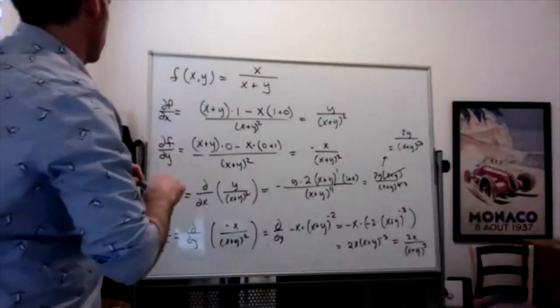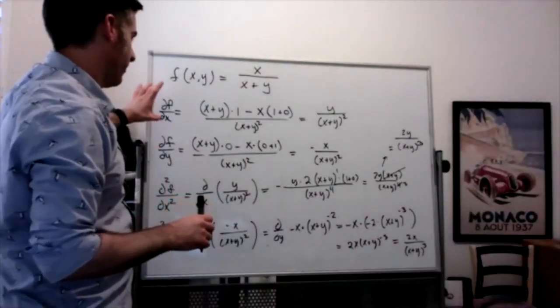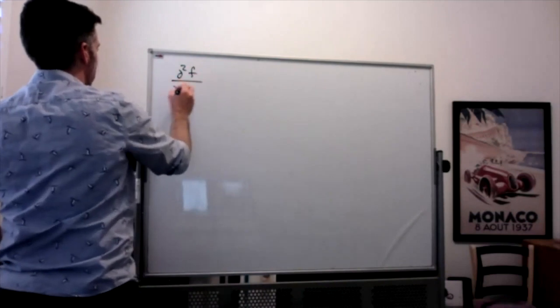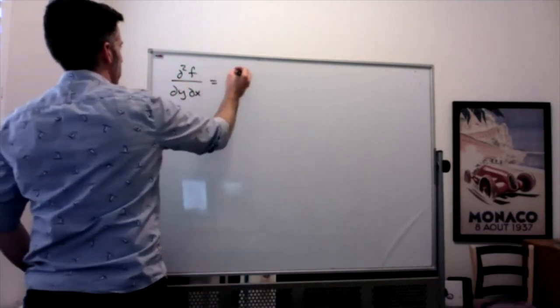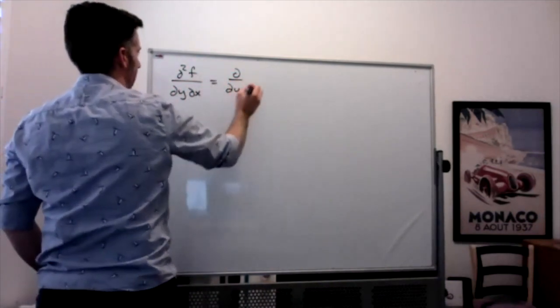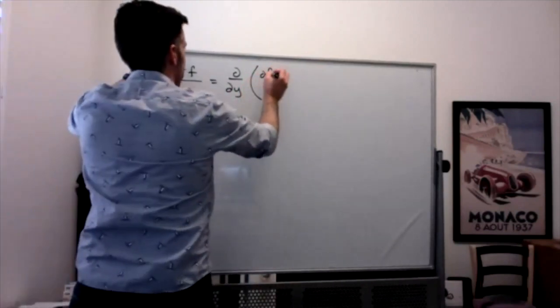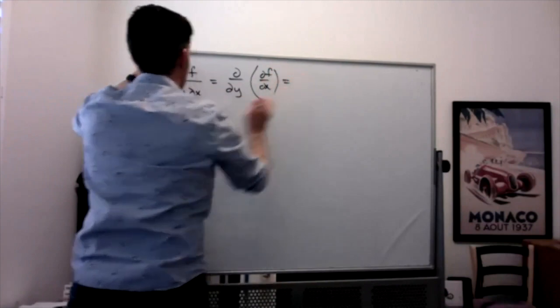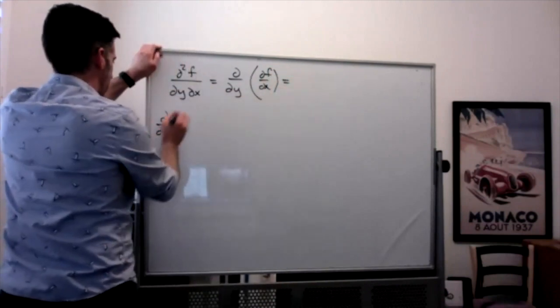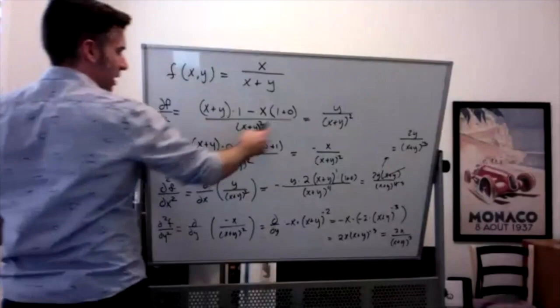I'm going to find del squared f del y del x, which is the partial with respect to y of del f del x, which is the partial with respect to y of y over (x plus y) squared.